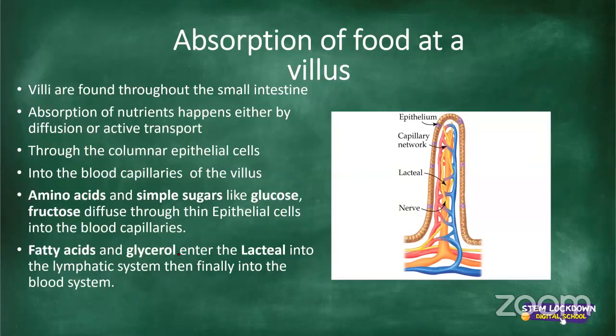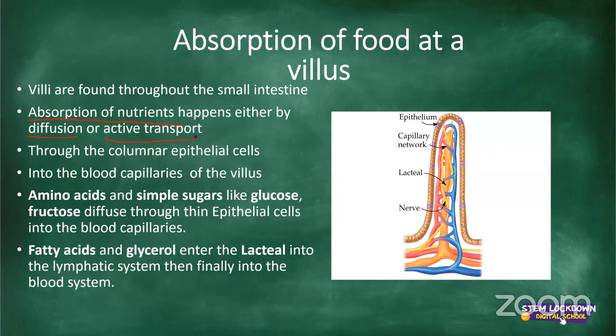Okay, so now absorption of food at the villi. The villi are found throughout the small intestine, so basically from your duodenum until the ileum. Absorption of nutrients, which is important, happens there, either by diffusion or active transport.